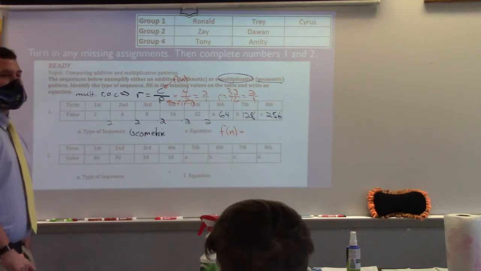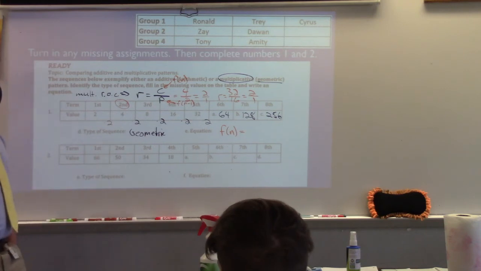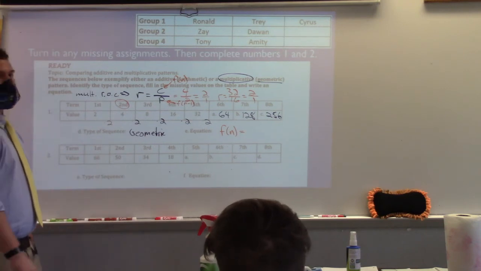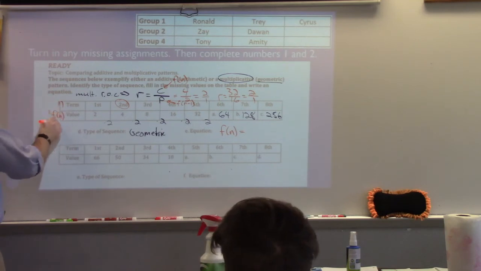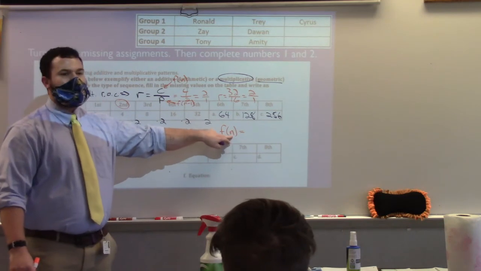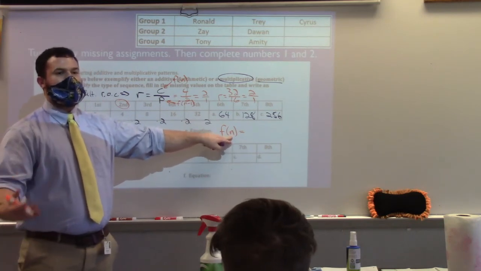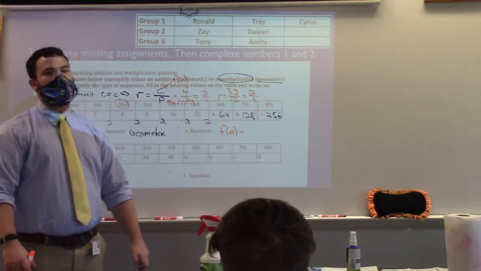Right? N is my input, f of n is my output. So notice, if I have n right here, n is my input, the whole thing, f of n is my output.